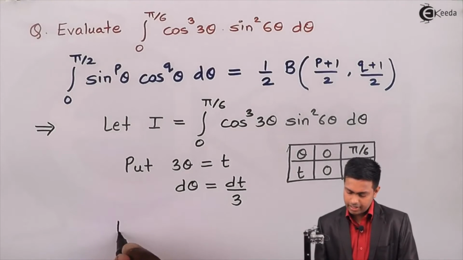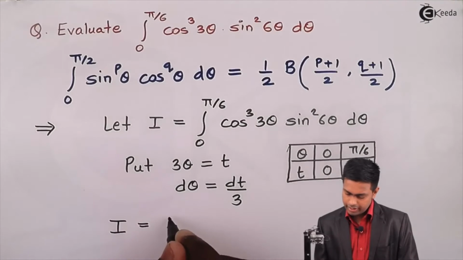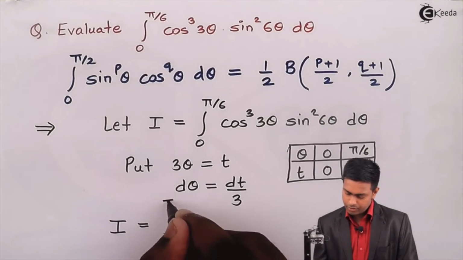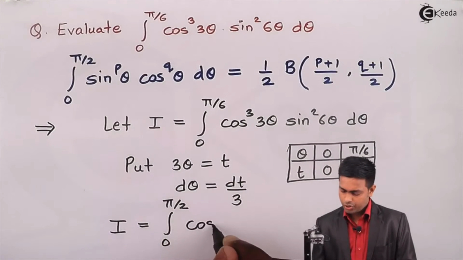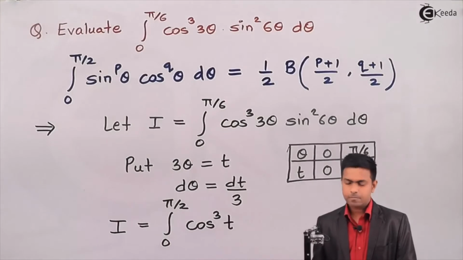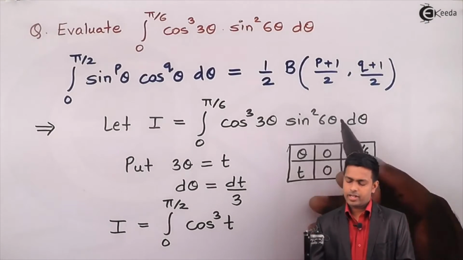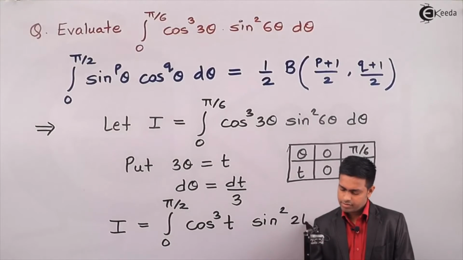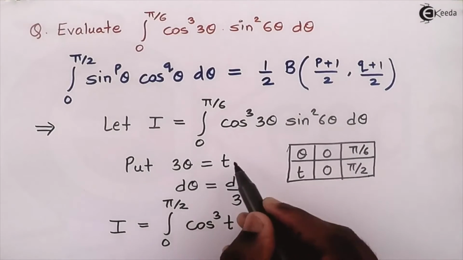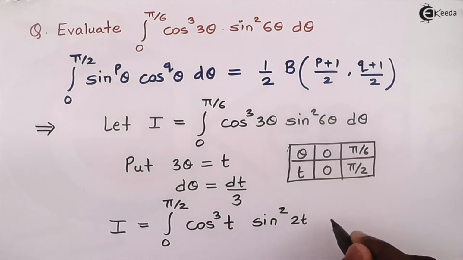So we will get I equal to integration from 0 to pi by 2 of cos cube of t, then sine square 6 theta will become sine square of 2t, because 3 theta is t, and d theta will be dt by 3.